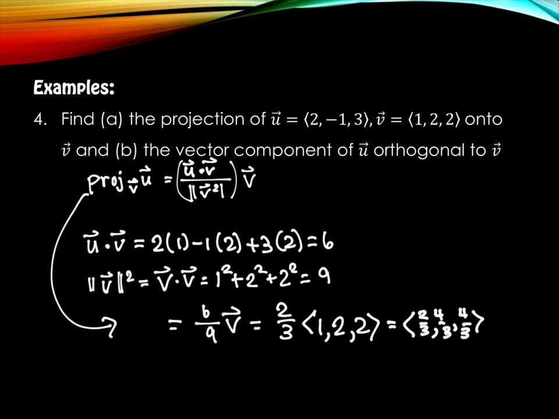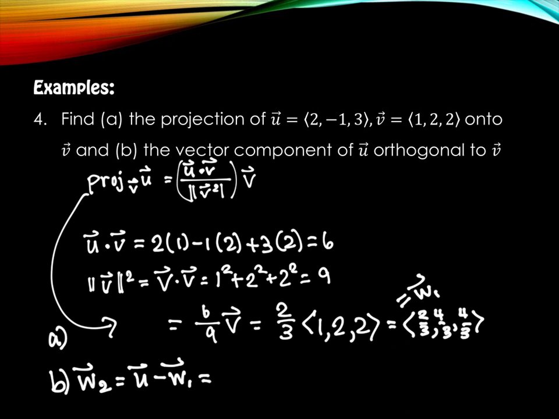Okay, so this is what we called W1 on the previous definition, like two spots back. This is W1. So this is part A. Finding part B actually takes and finds W2. W2 is the vector u minus the vector that's the projection component W1.